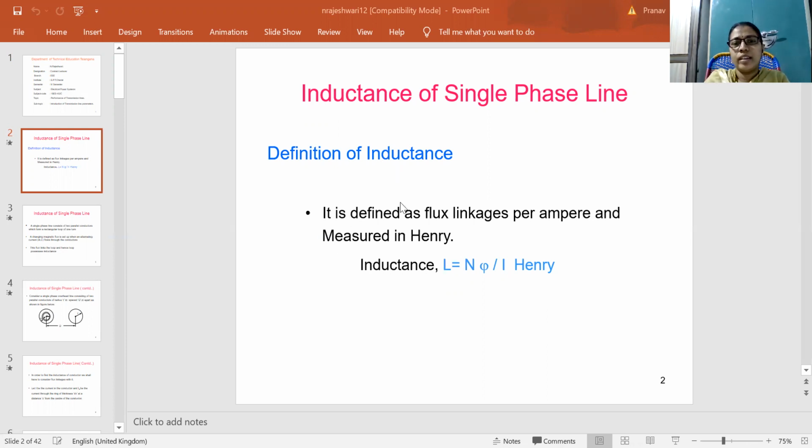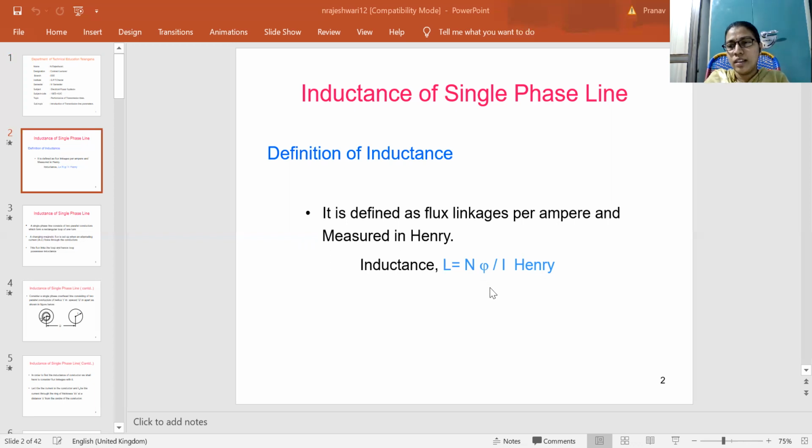Inductance is defined as the flux linkages per unit current and is measured in henries. So inductance L is given by N phi by I, or psi by I. Psi is the total flux linkages per ampere. So L equal to N phi by I is the inductance of a single phase line in henries.